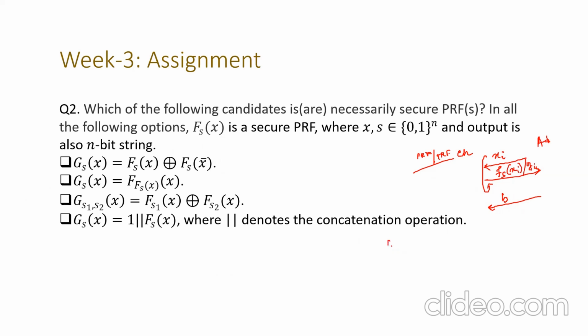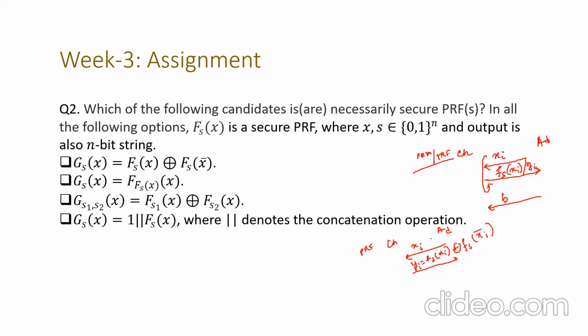The adversary here can query the challenger with some x_i, and if the challenger has decided to respond with PRF output, then the output will have the format of F_s(x_i) XORed with F_s(x_i bar), where x_i bar is the complement of the binary representation of x_i.